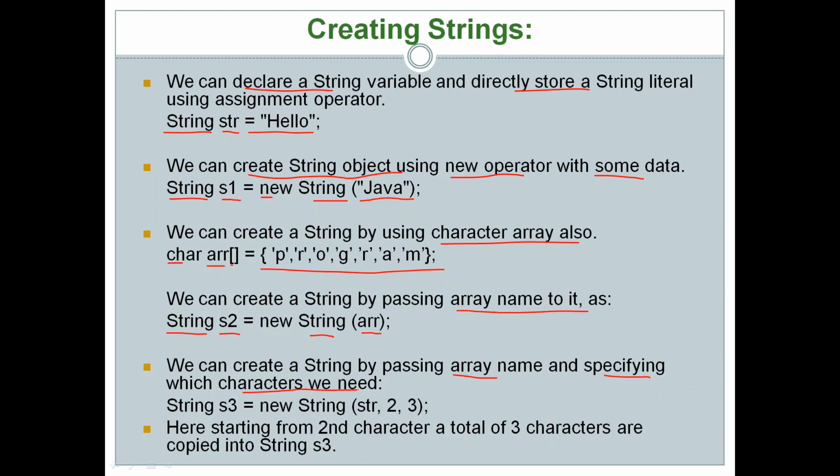Suppose we want some subset of characters from the character array, then even that can be done. The syntax here is: String s3 is equal to new String, then str, 2 comma 3.